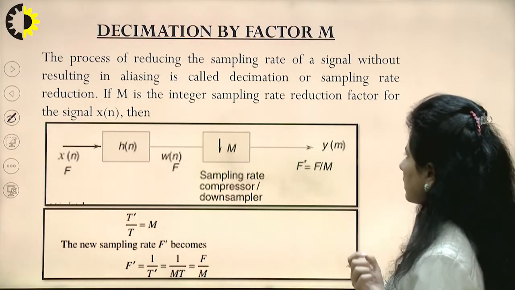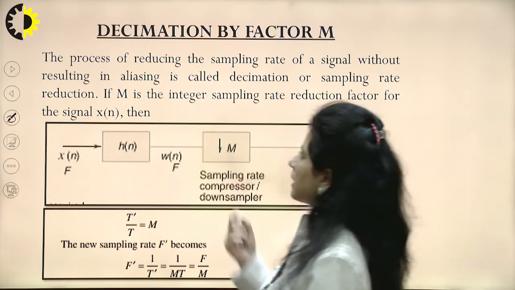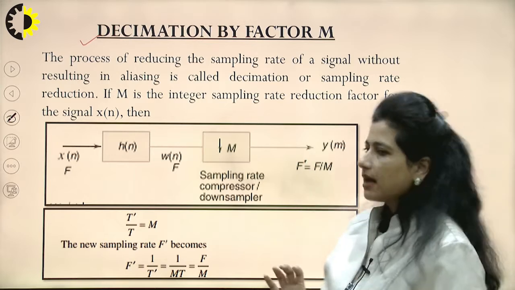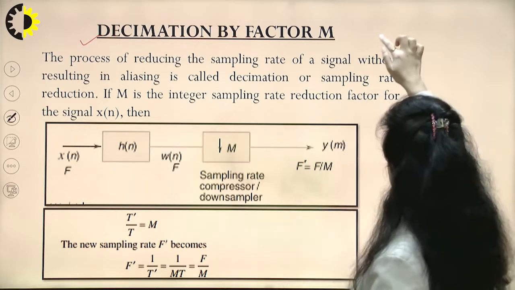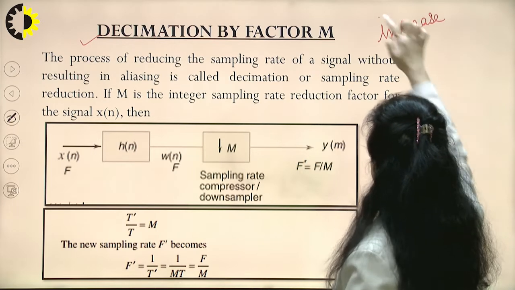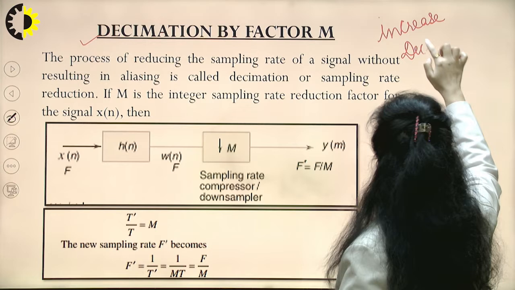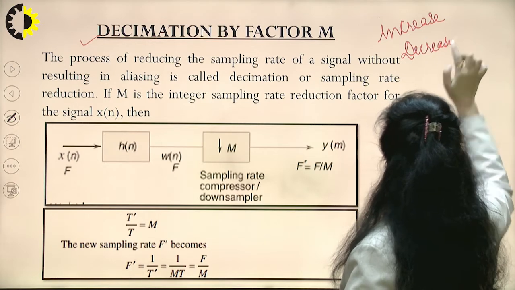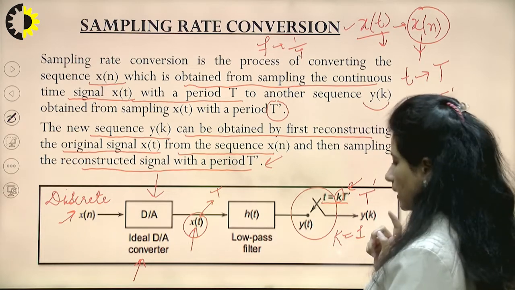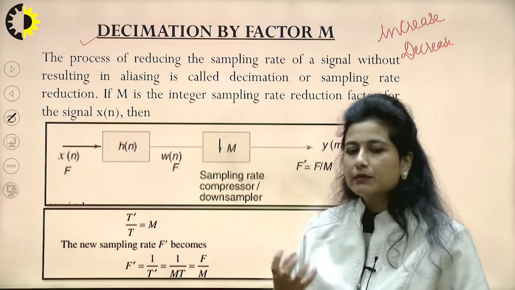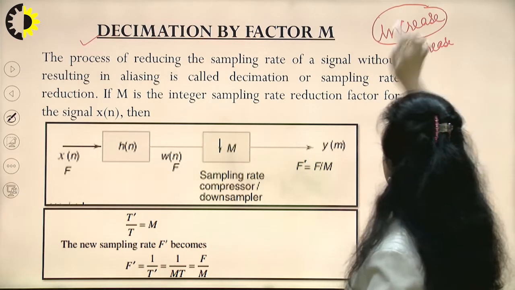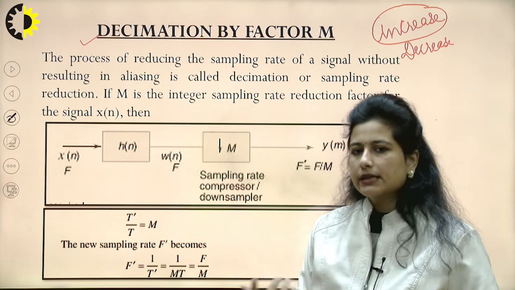Now talking specifically about two phenomena: decimation and interpolation. I need to change the sampling rate, and this change can be an increase or a decrease. When the process increases the time period between two samples, that is, decreases the frequency, it is carried out with the help of an interpolator, which we will discuss in the next session.